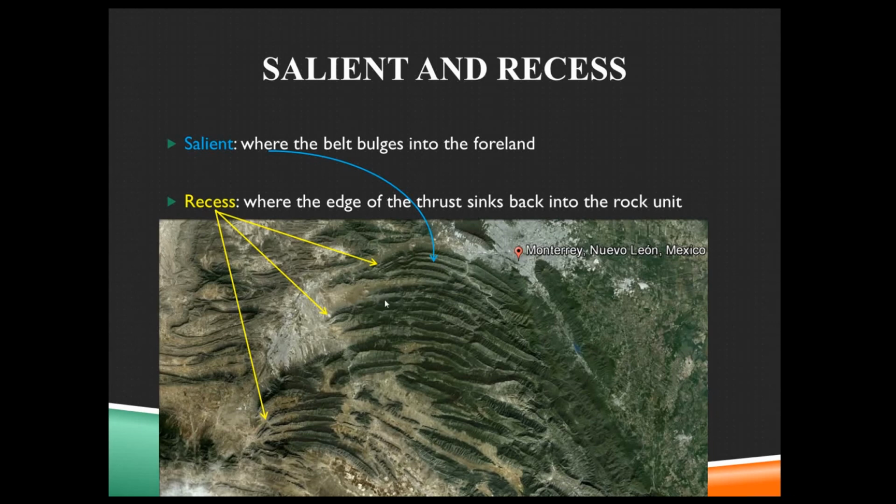And the recess is out at the edges of the thrust fold belt, where the thrust faults sink down below the surface. So it's where they taper off and disappear. You can see the edges of these thrust faults right along here. They're the same on the other side. Those are called the recess.